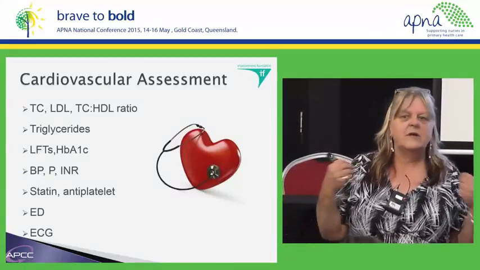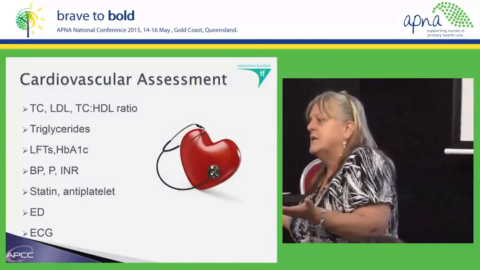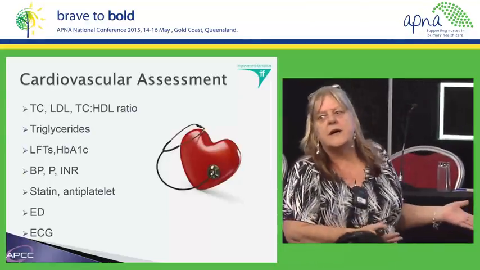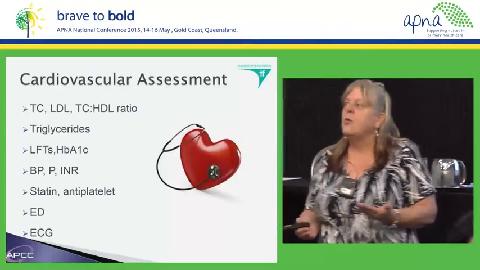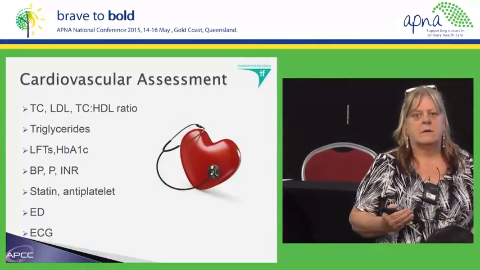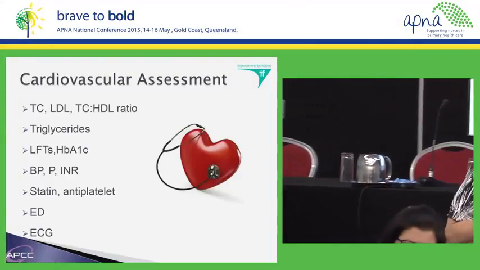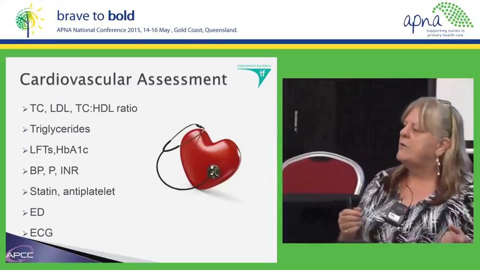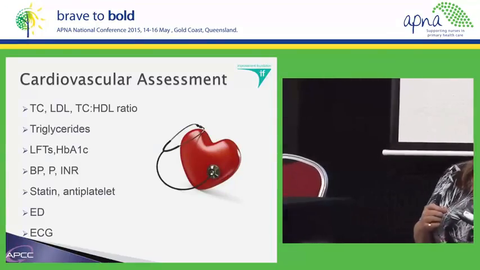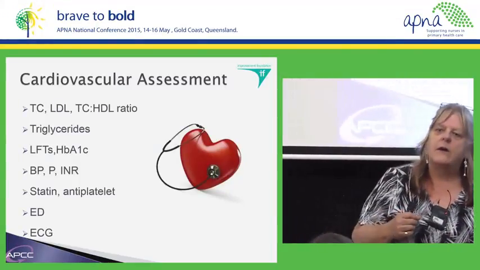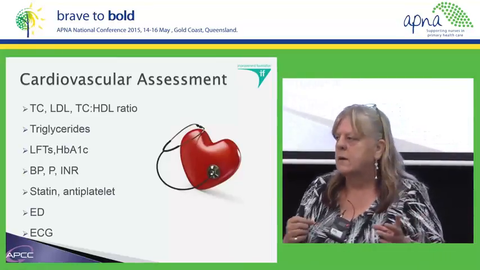I come from rural intensive care. I love ECGs. Never underestimate a normal ECG. And as they're ageing, I want to see if their PR interval is elongating. I want to see if their QRS is starting to widen.